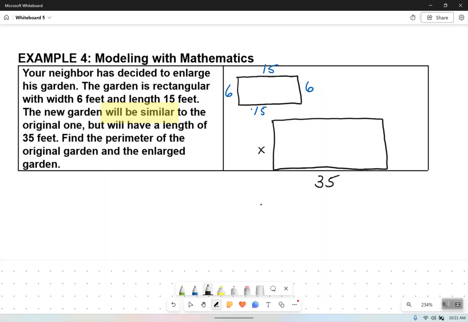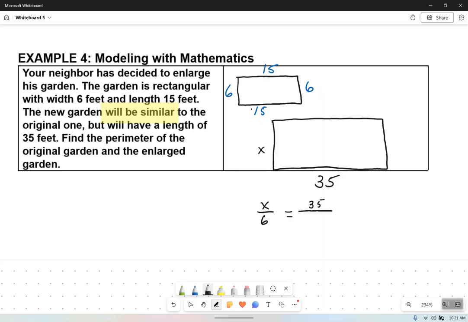I would say x is to what? 6 as, do we know two other lengths in both the larger and the smaller figure that correspond to each other? I can say x is to 6 as 35 is to, would 35 go up top or the bottom the way I've set this up? Have to be the top because x was the top, right?